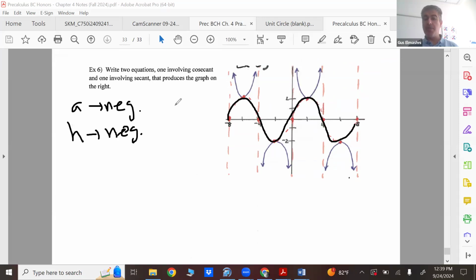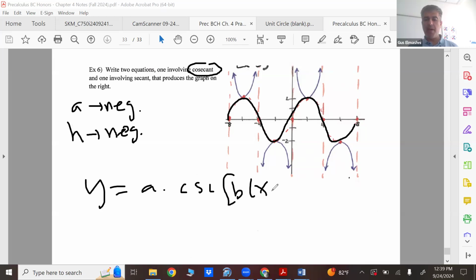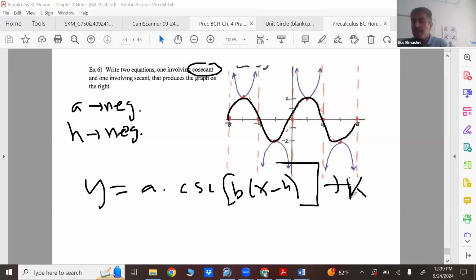Okay, let's do it as a cosecant as our first one. So generally speaking, y equals a times cosecant bracket b x minus h plus k. Okay, that formula I'm not providing, but you should know that, right? It's the only formula that you need to really use on this test, right?